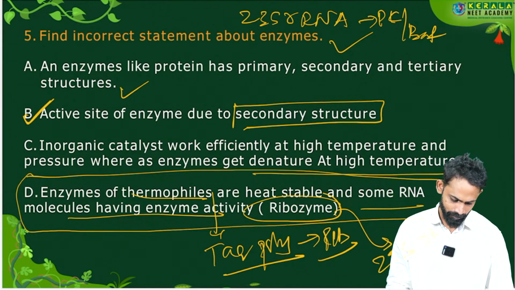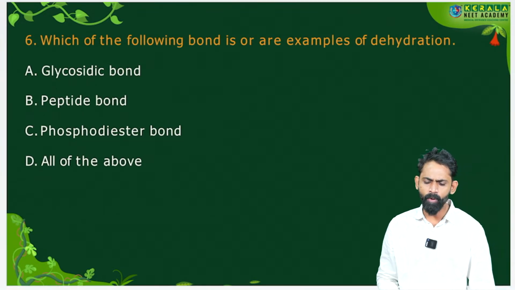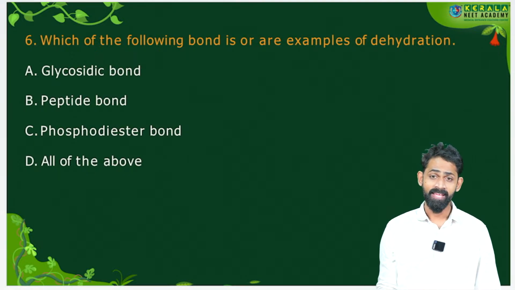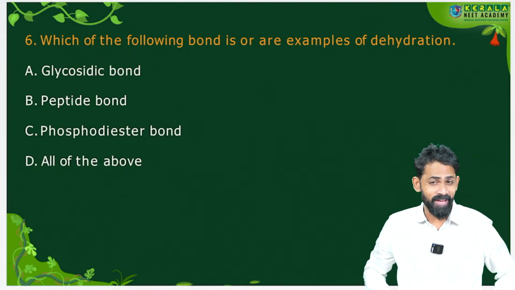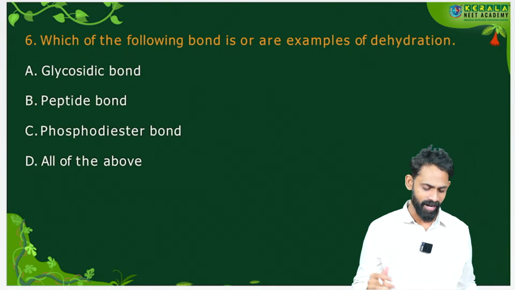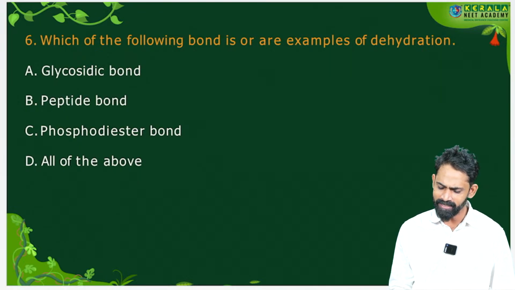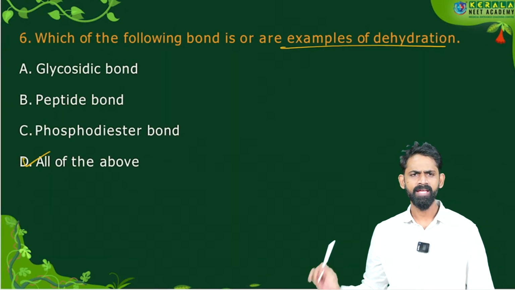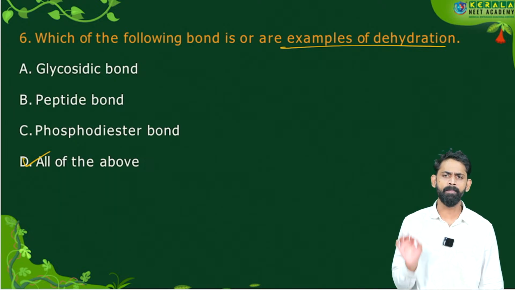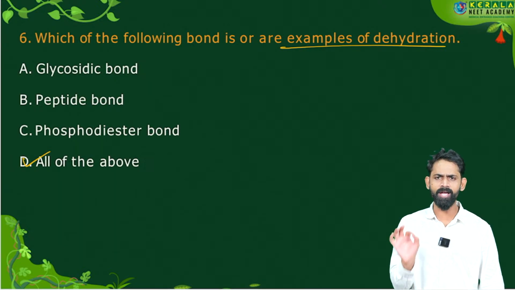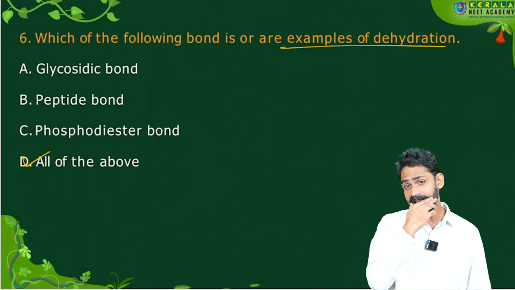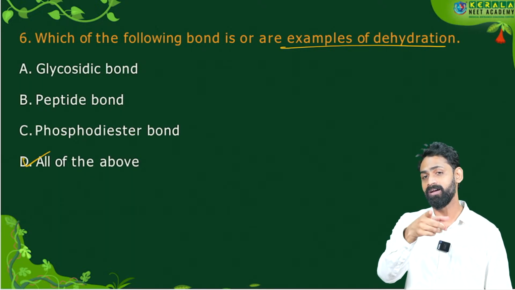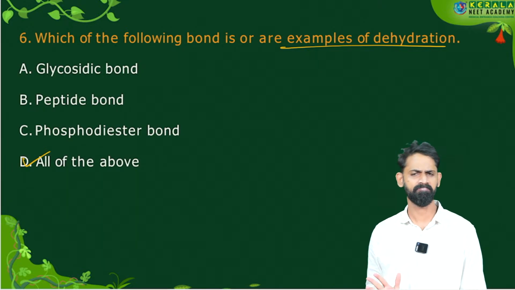Next one. Which of the following bonds? Superb question. This is not a new question, the way of asking is different. Which of the following are examples of dehydration? First one, I am taking all of the above as the answer. Glycosidic bond is the bond which connects sugars together. When you say there is a glycosidic bond between nitrogen base and sugar, N-glycosidic bond, it is the same.